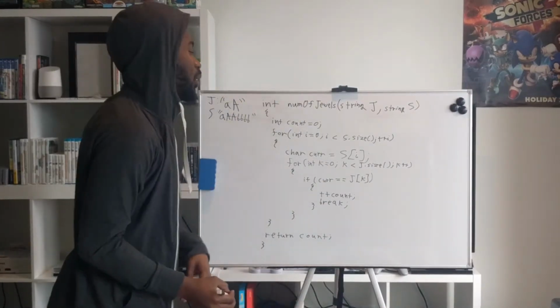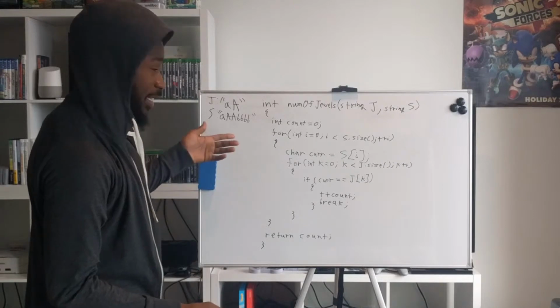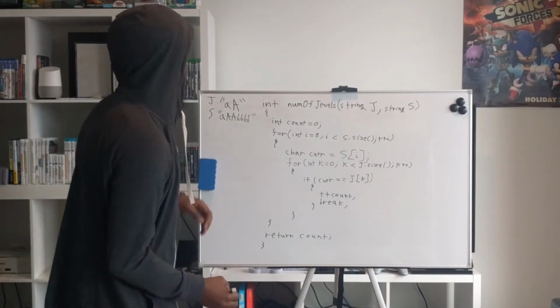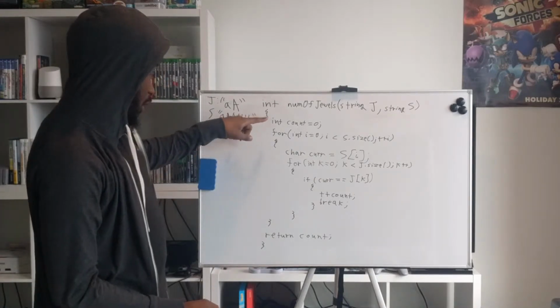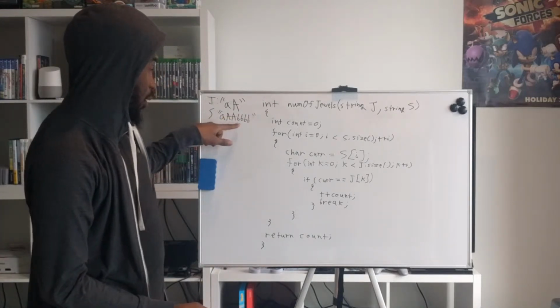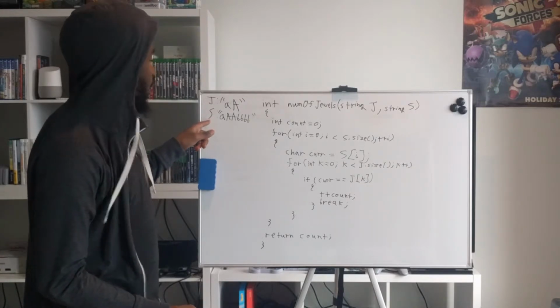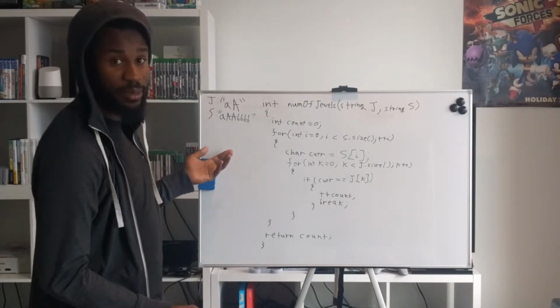Okay. Now, let's analyze the complexity of this algorithm. You're going to iterate over all of these. Imagine this string right here is of size n, it has n elements, right?